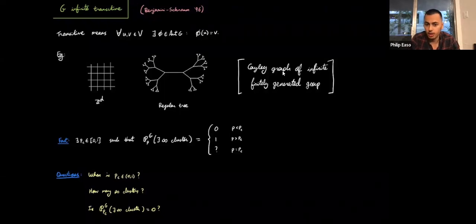When you have an infinite cluster with probability 1, how many infinite clusters are there? Is it unique? How does it depend on the graph? And then finally, this last question: what is the probability at p_c? This is maybe the biggest question. This is equivalent to what's called continuity of the phase transition.